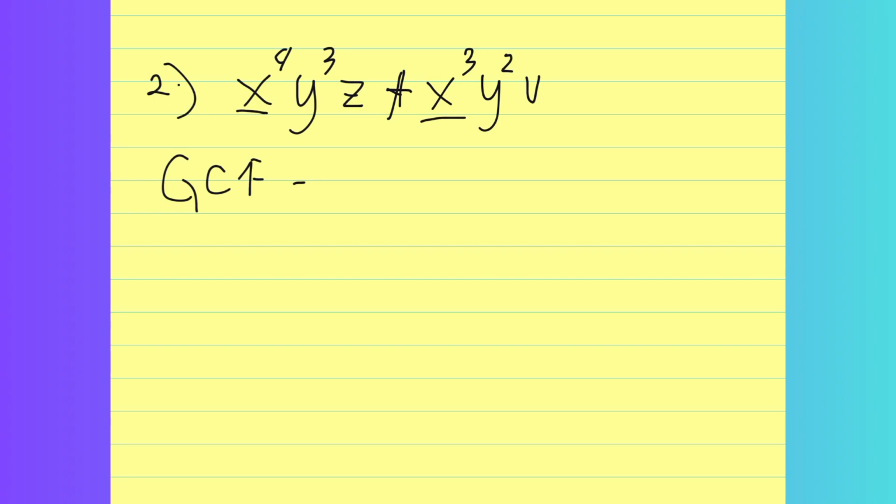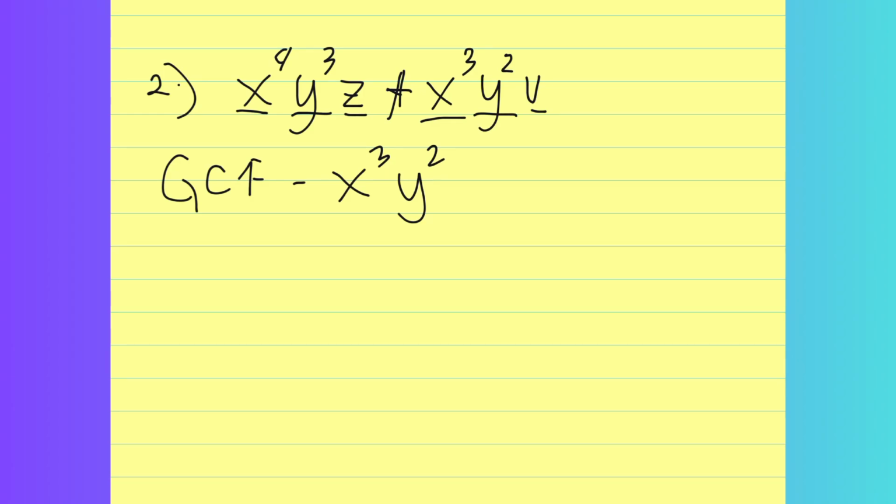Since x cubed is the smallest exponent, therefore the GCF is x cubed. Next, try to look at the variable y, compare their exponents and choose the smallest exponent of y. So we have y squared. And since in the first term there's a z and in the second term there's a v, since they are different, they do not belong to the greatest common factor.